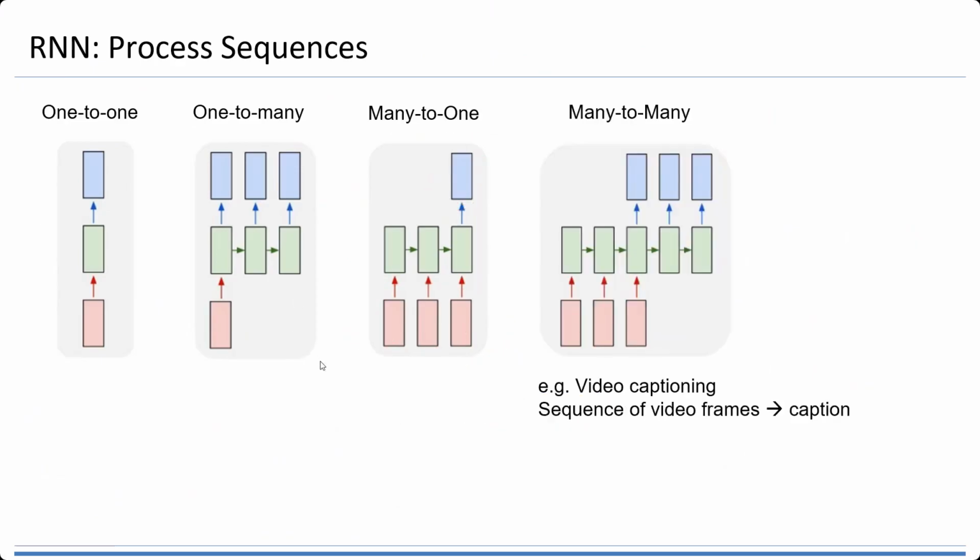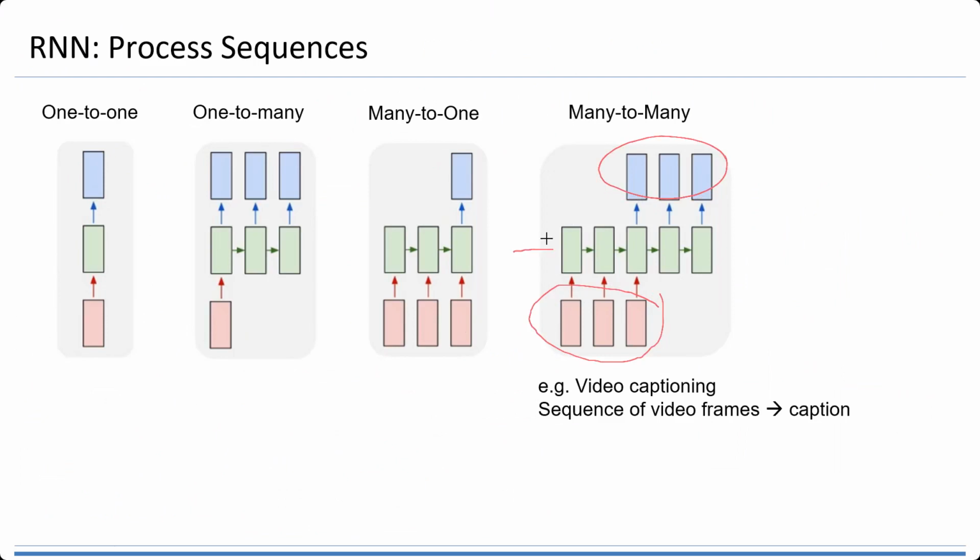Or we can have many to many. It means there will be many inputs and there will be many outputs. However, the sequence is different.